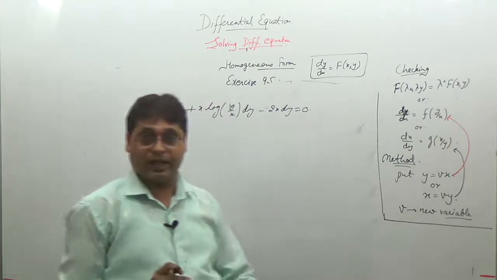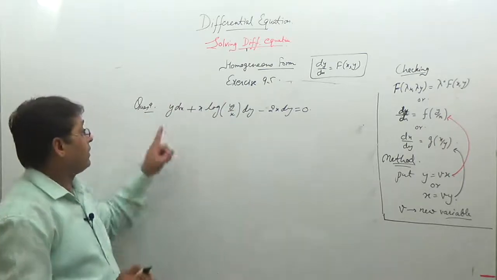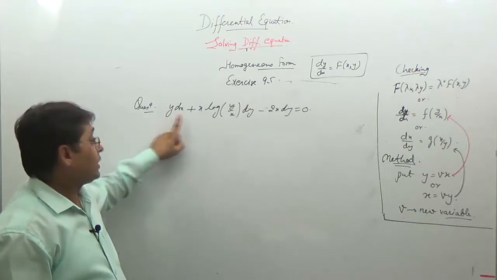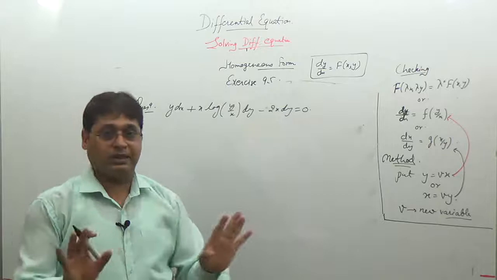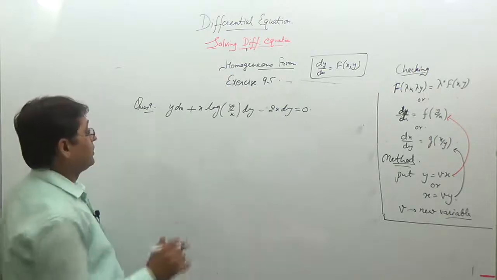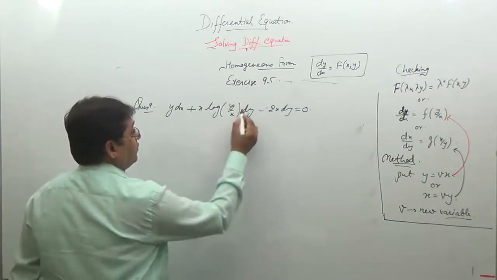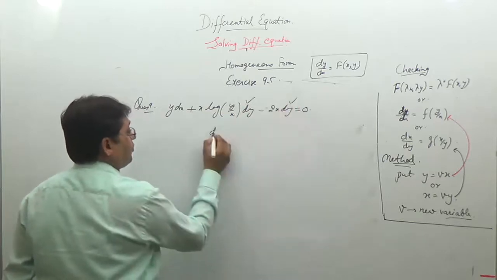This is question number 9. Again, you can see that the degree of each term is 1, degree 1, degree 1. It is clear that it is homogeneous. First write in standard form. Take dy common from these two terms.